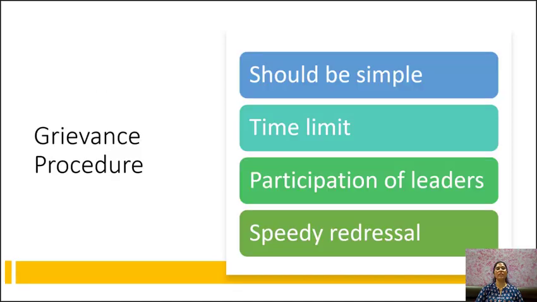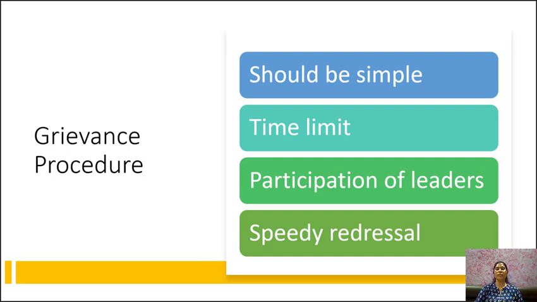Now let us see the grievance procedure. A good grievance procedure should be simple so that an average employee is able to understand it. Secondly, it should lay down the time limit, which should not be exceeded at every step of the grievance procedure.